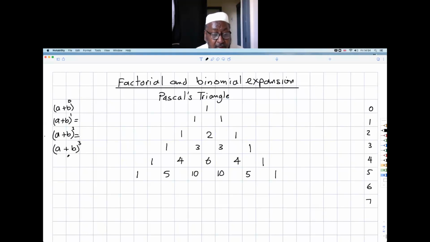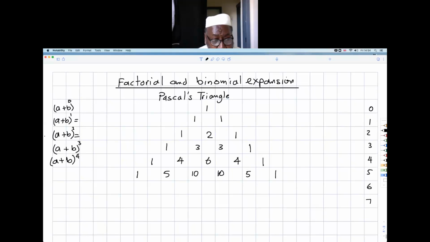So this one here is A plus B to the power 4.